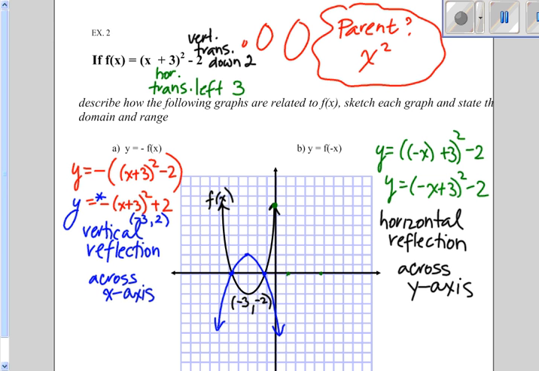It used to be 3 to the left and down 2. It's 3 to the right and down 2. And I know those points have all been reflected across the y-axis. I can draw my parabola. Crooked though it may be, that is f at minus x, a reflection across the y-axis.